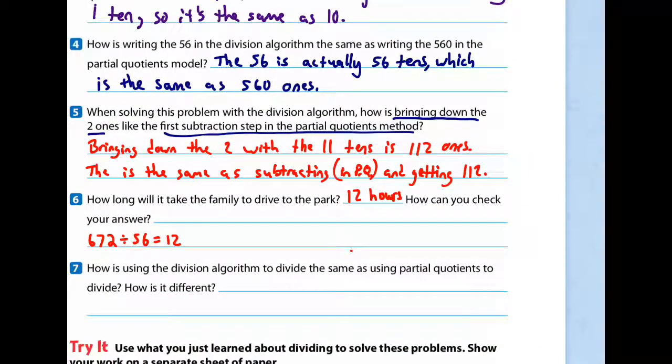So you can multiply 56 times 12 to see if you get 672.